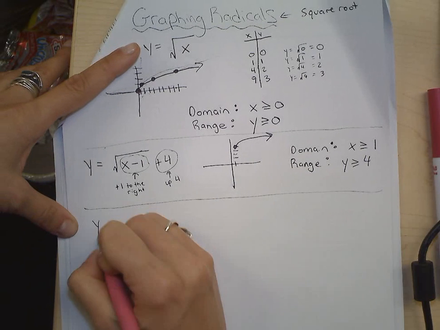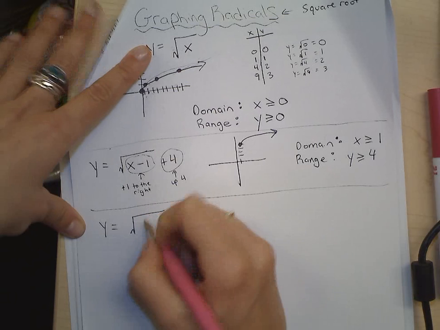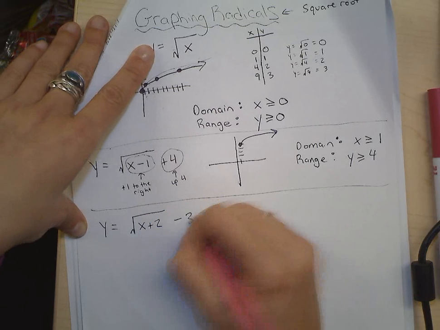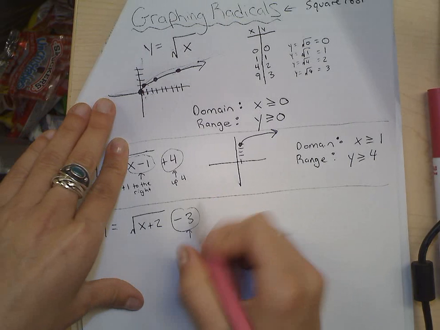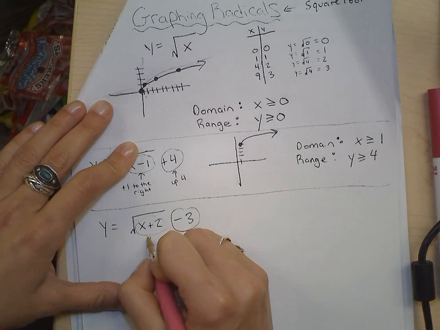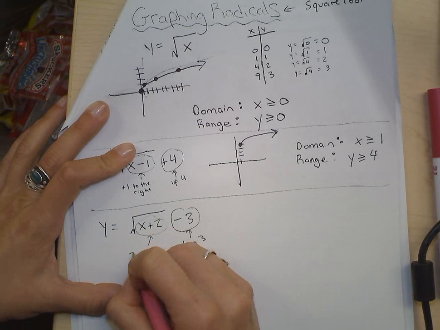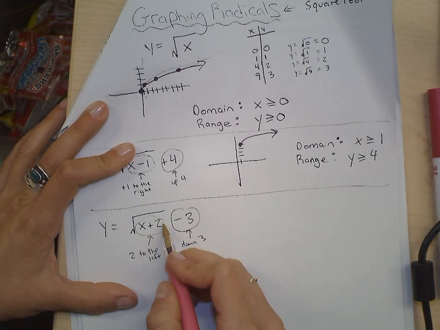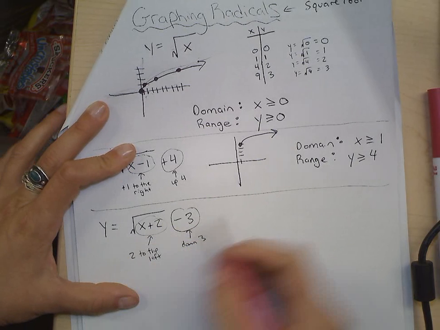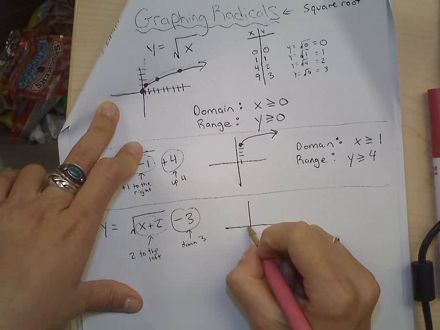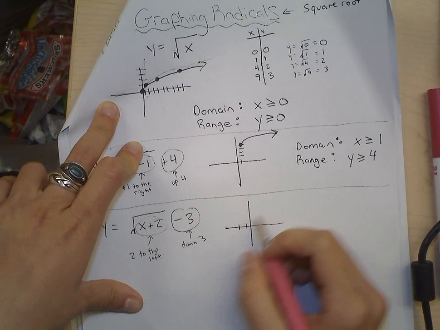y is equal to the square root of x plus 2, minus 3. So this means that I'm going to go down 3, and this is the opposite, so I'm going to say 2 to the left. So this is going to be like a -2. If I'm sketching this, I'm going 2 to the left and down 3. 1, 2, 3.